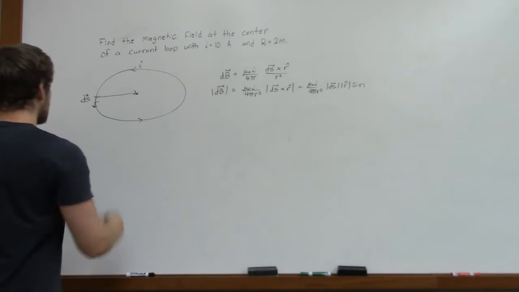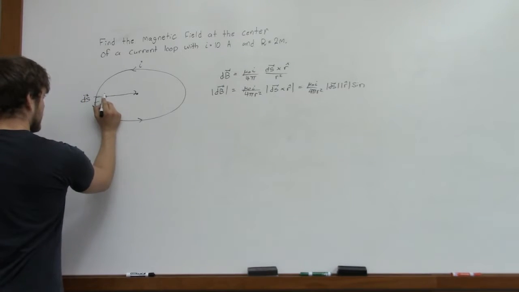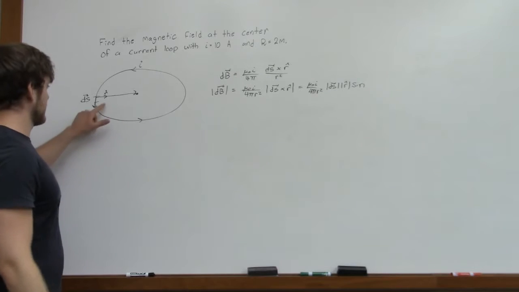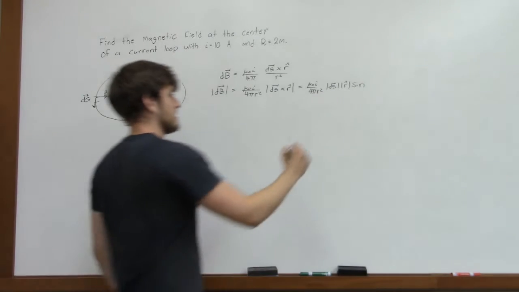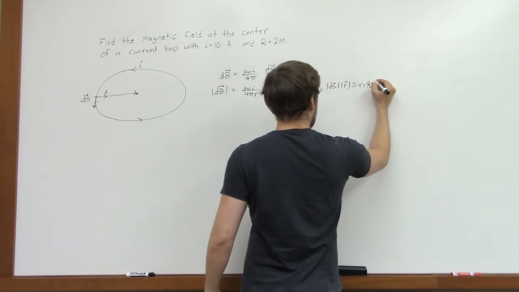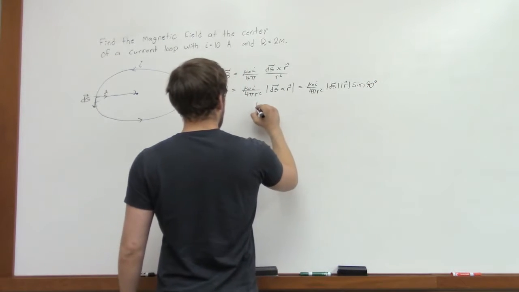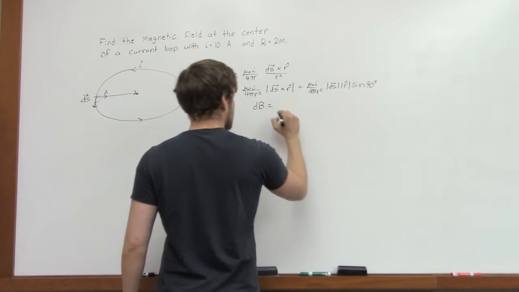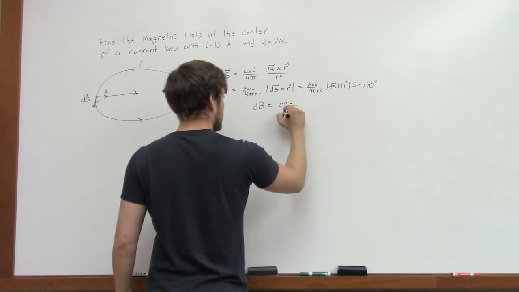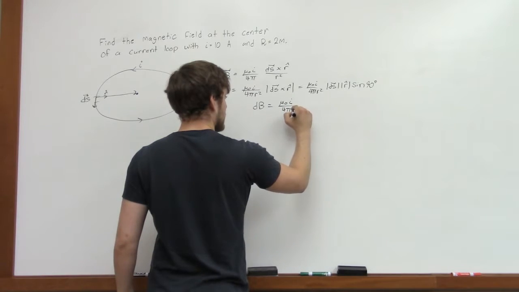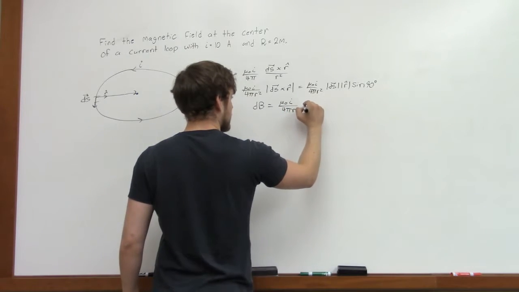So r hat is going to be 90 degrees from our ds vector. So this is sine of 90. Thus, dB is just going to be equal to mu naught I over 4 pi r squared times ds.